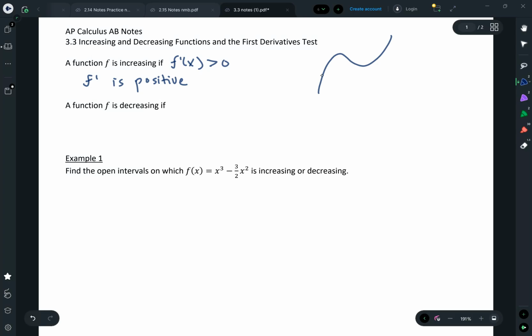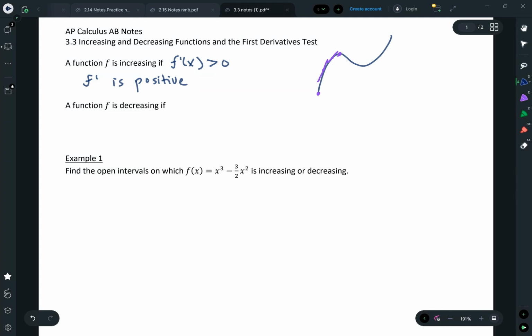When my function is going up, like from here to here, the slope of that tangent line is positive, which makes sense, right? The graph's going up, so those tangent lines would have to have positive slope.